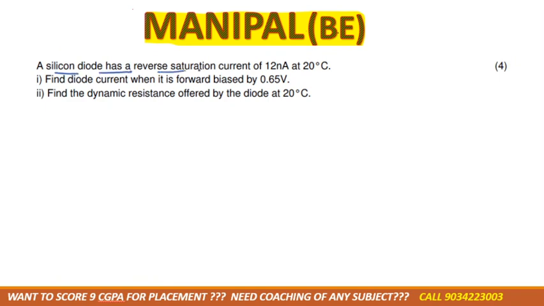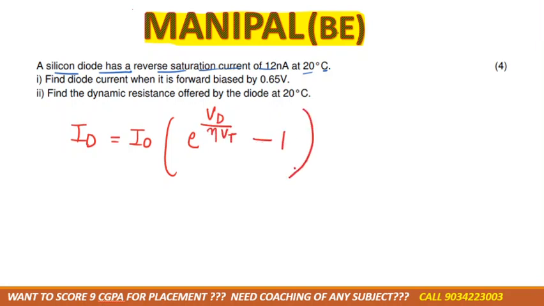A silicon diode has a reverse saturation current. The formula for that is ID equals I naught times e raised to power VD divided by eta VT, minus 1. Okay, this minus 1 is with the whole term. So basically VD is the applied voltage.